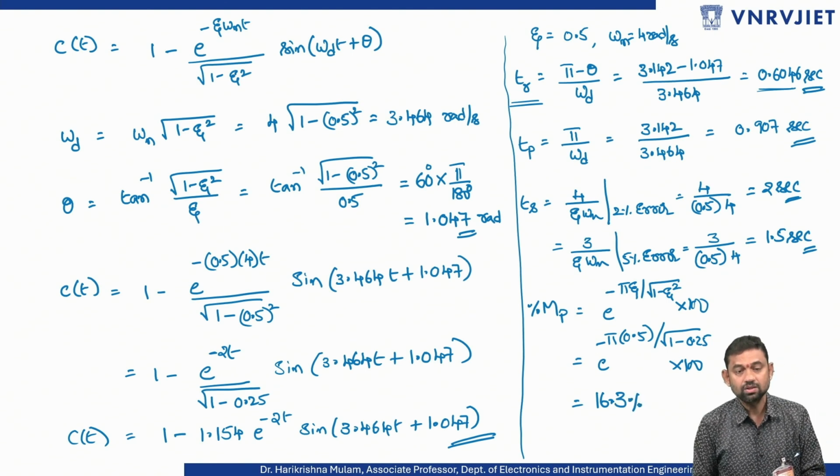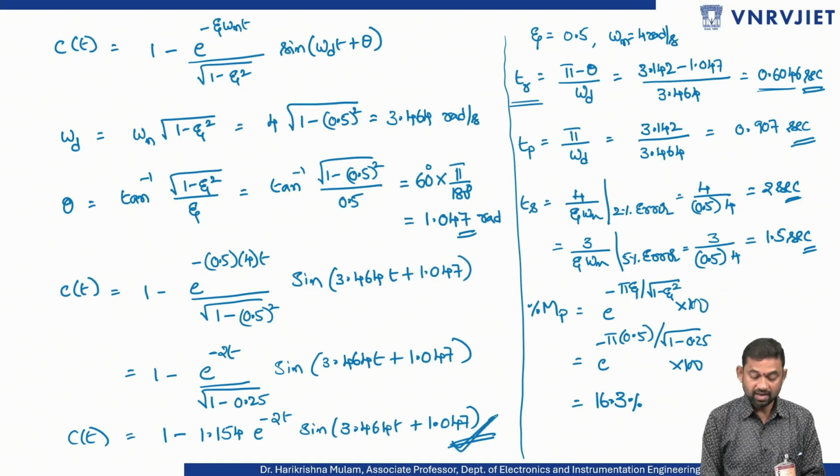So like this, you can find the response of the system directly by using the formula for the response of a second order underdamped system when the input is unit step, and you can find all the time domain specifications if comparatively the marks allotted to the question are less.